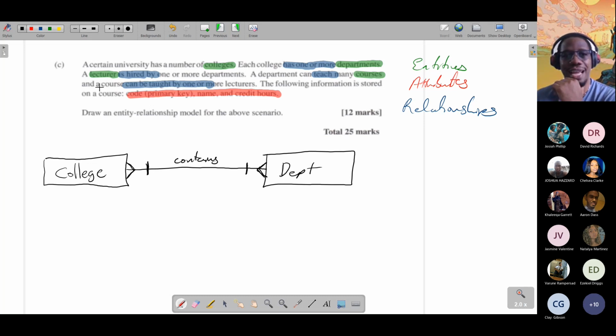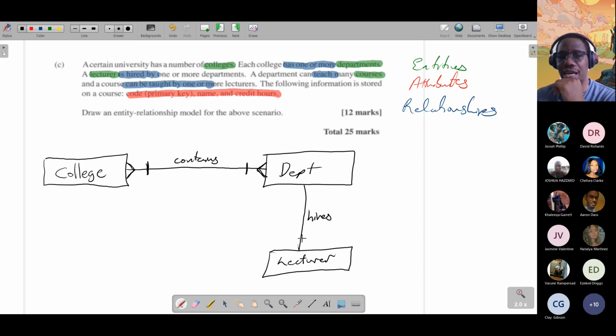So let's move on. A lecturer is hired by 1 or more departments. So the next thing that we have is a lecturer. And a lecturer is hired by 1 or more departments. So a department has the relationship, hires a lecturer.